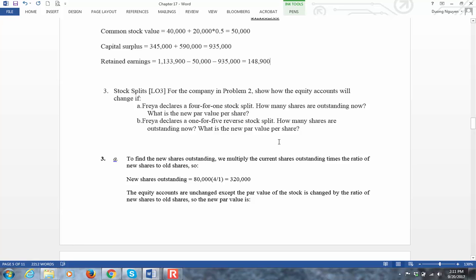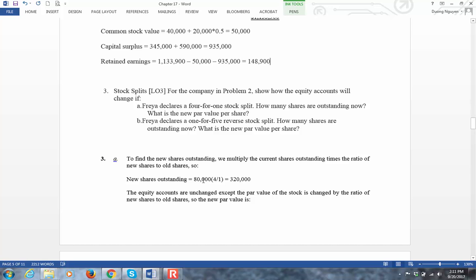Now number 3, for the same problem: how will the equity accounts change if the company declares a 4-for-1 stock split? How many shares are outstanding now? What is the new par value? So pretty simple. With a 4-for-1 stock split, for every share now, the investor receives 4 new shares, so the number of shares increases 4 times.